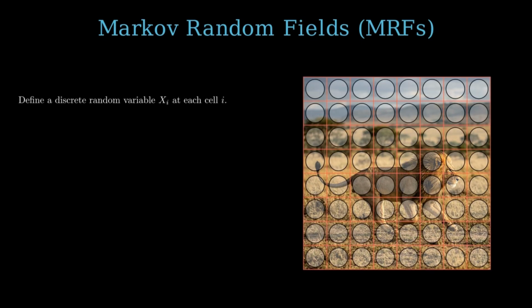Let's formalize this intuition using Markov random fields, or MRFs. Instead of generating pixels one by one sequentially, we want to model the entire image simultaneously. First, we define a discrete random variable, x sub i, at each cell i of our image grid. You can think of each cell as a patch or a pixel in the image.